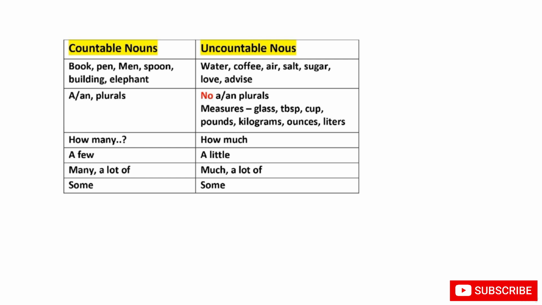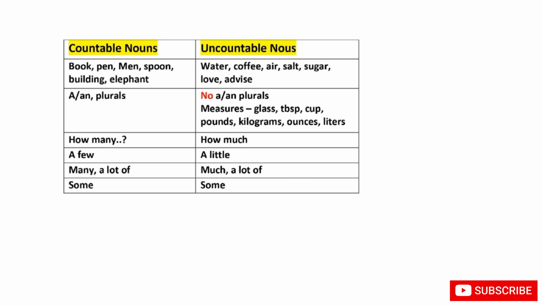We can say 2 books, 5 pens, 3 buildings, etc. If there's only one, we can use a or an. I have a book. There's an elephant standing over there, etc. But uncountable nouns are nouns like water, coffee, air, salt, sugar, love, advice, and so on.